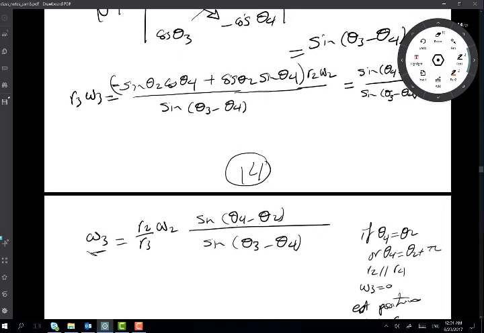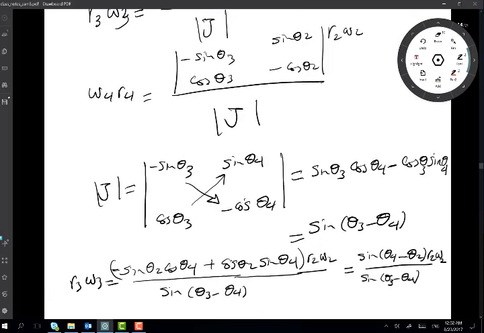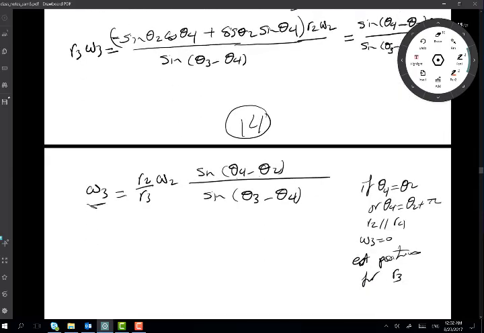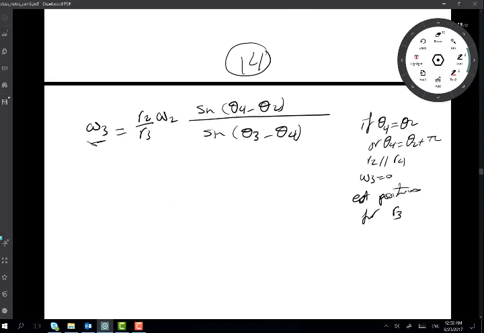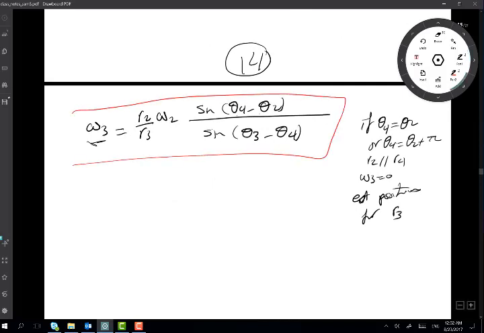All right, now let's find the other velocity, which is omega 4. Before we go on to find omega 4, I want you to look at this expression one more time and look at the units. On the right-hand side, those two lengths are divided, in millimeters or meters or whatever you use, so they cancel out. The only units on the right-hand side are radians per second, which is the unit I expect for omega 3.